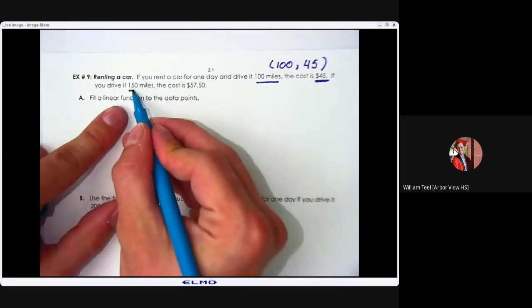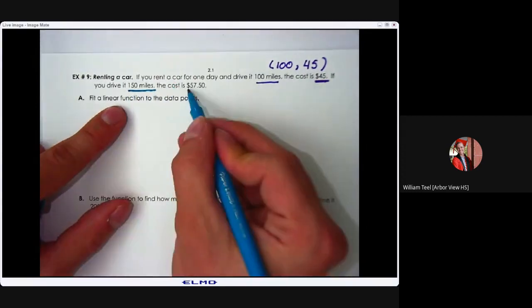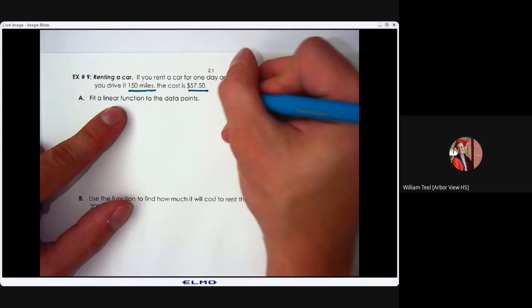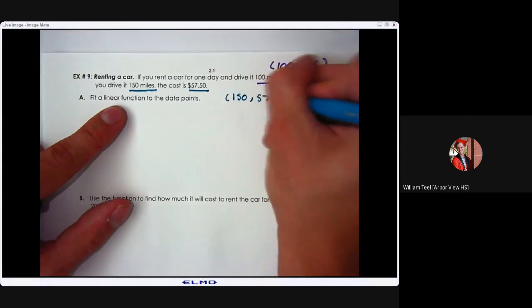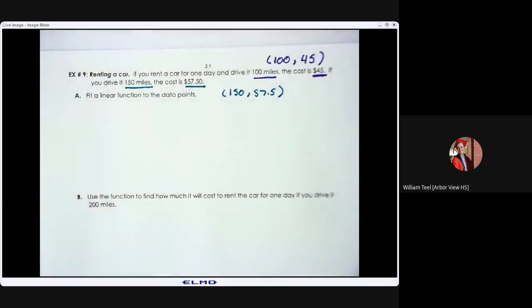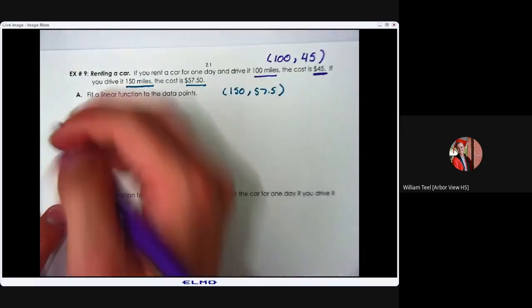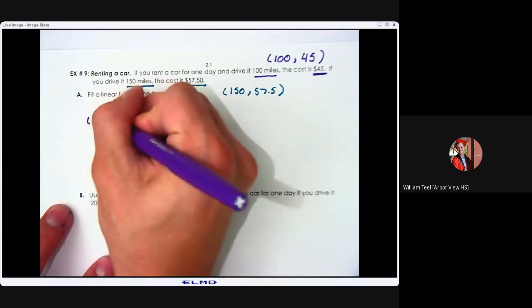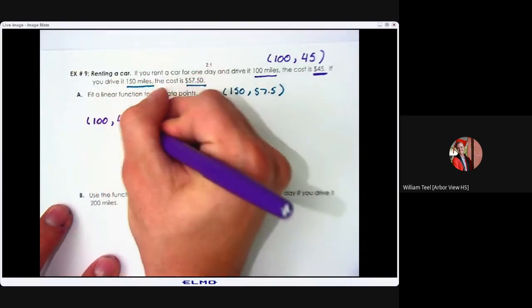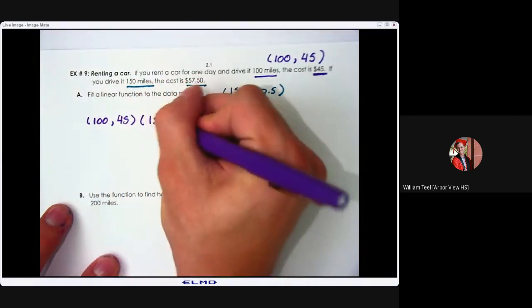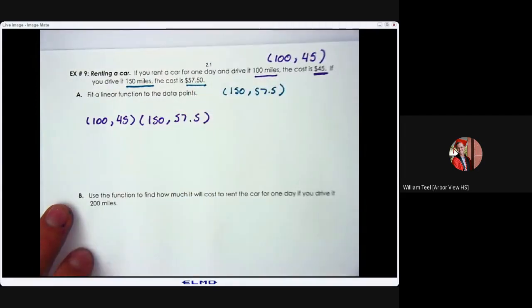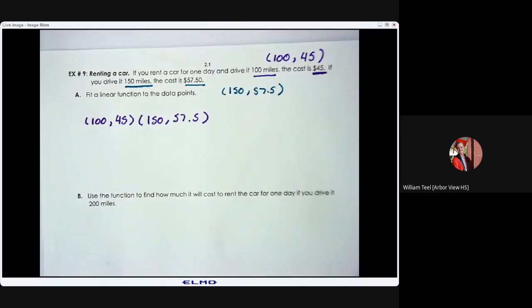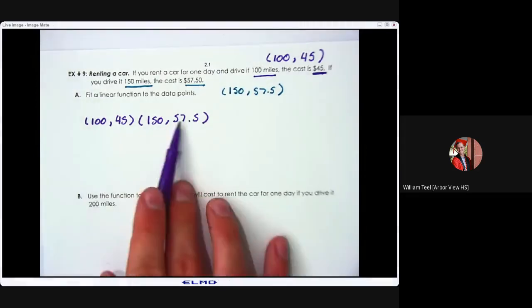If I drive 150 miles, the cost is going to be $57.50. So I have an ordered pair, 150 as my input, 57.50 is my output. So I have two different coordinate points here: 100 miles and $45, and 150 miles and $57.50. Now I can use these two ordered pairs to find the slope of what this graph is going to represent.